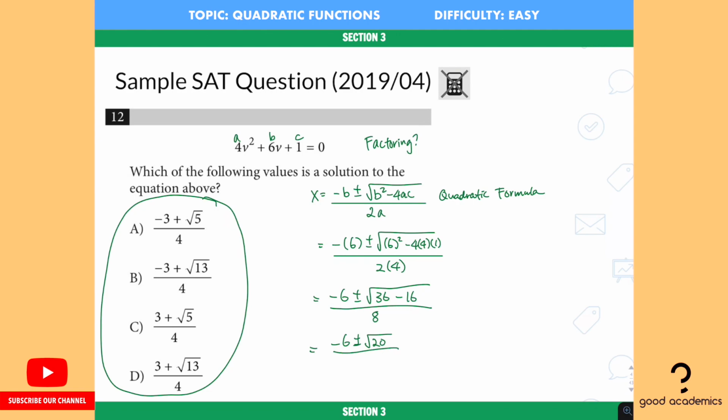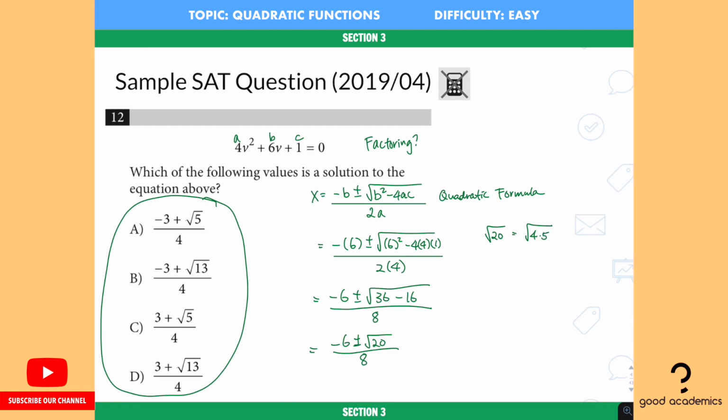of 20 over 8. Now, if you stop right here and you look at the choices, you realize that, wait, none of the choices have an 8 in the denominator. What's going on here? Well, you need to simplify a little bit. I hope that you can see how square root 20, which I'm going to do on the side, is equal to square root of 4 times 5.